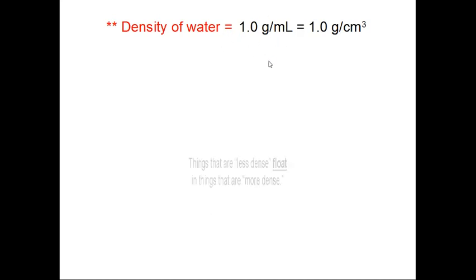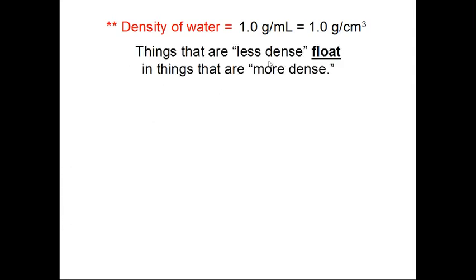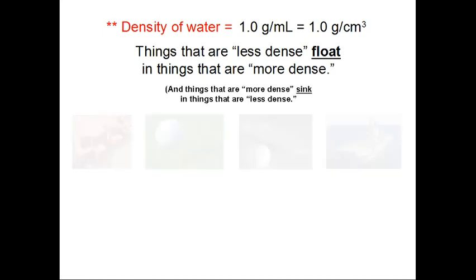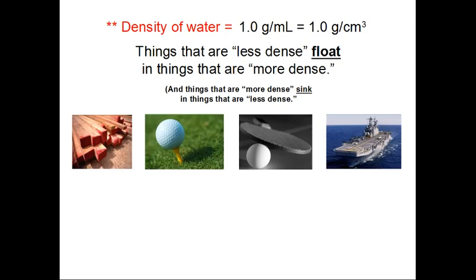And that makes life pretty easy, because anything that is lower than 1 is going to float, and anything that's higher than 1 is going to sink. So let's do some examples here. We've got some nice 4x4 boards. If you know anything about wood, you throw it in a lake or river or stream, and it's going to float.